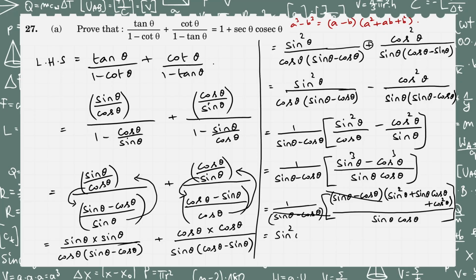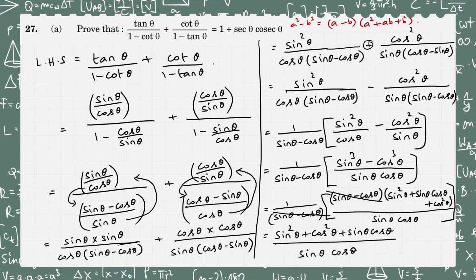But I have to write this numerator with a small place change. I am going to bring this cos square to the second place and this sin theta cos theta to the third place because you know that we are going to apply the identity here. So this is what we have, right? After cancelling sin theta minus cos theta.